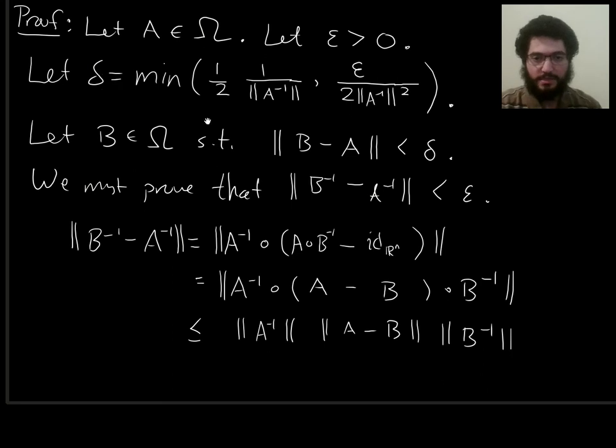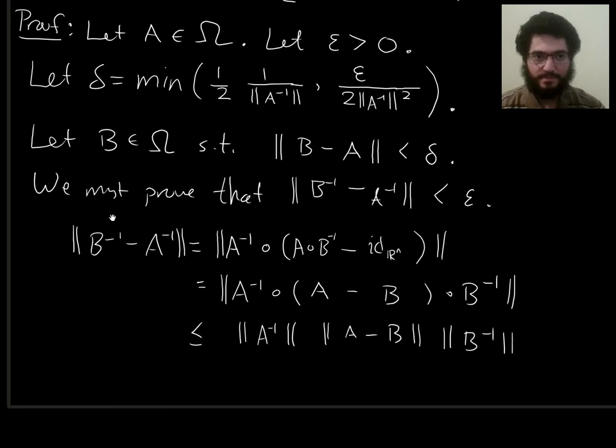By choosing delta, you make B be close to A, right? You make B be close to A. It should be that if B is close to A, then B inverse can only be so big, can only be so far away from 0. So it at least feels right, I think.